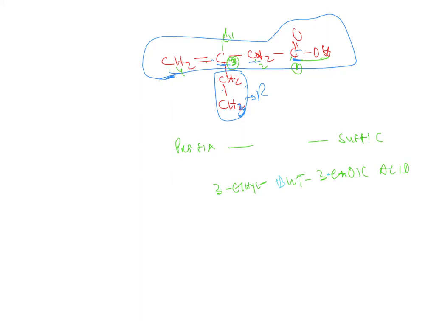Now the root name, whether we are talking about but or something else, there's a naming system. The root name but came because there were 4 carbon atoms. So it's better for you to remember this.